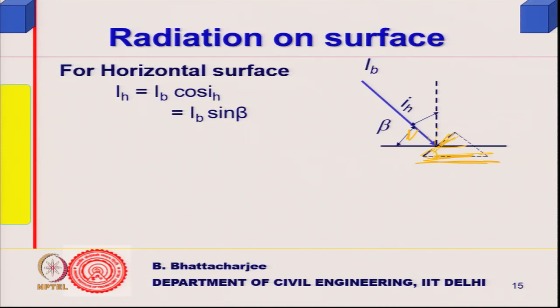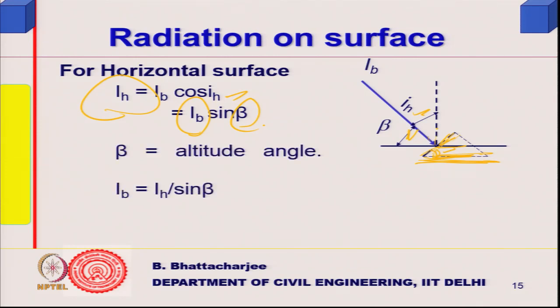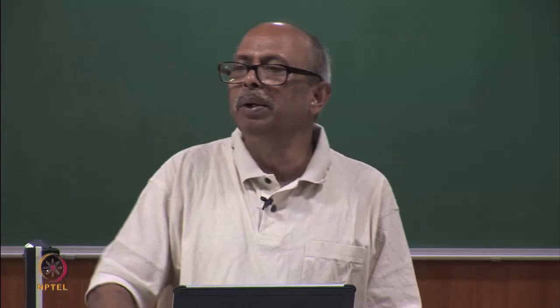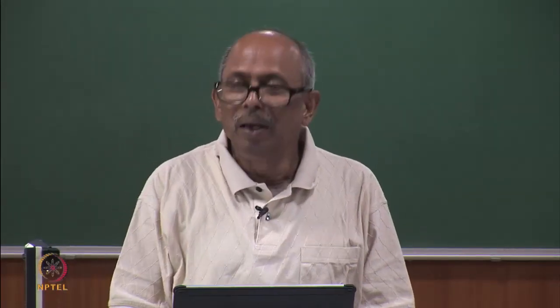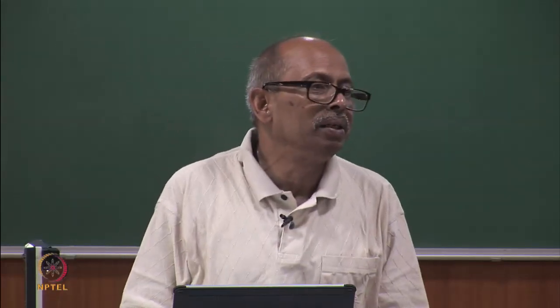So, cos IH is nothing but sin beta, that is, cos of 90 degrees minus beta. So, on a horizontal surface, if I know the beam radiation and the altitude angle, I can find out the radiation, right. Beta is the altitude angle. Measuring is normally done on a horizontal surface, because I keep my pyranometer on a horizontal surface. Therefore, I can estimate the beam radiation from there.